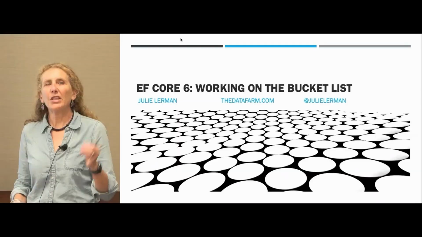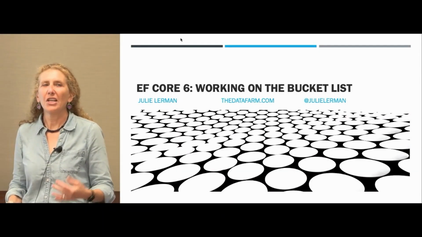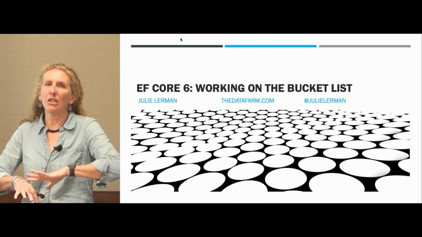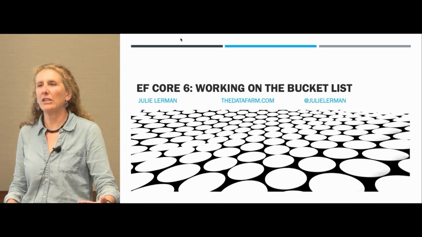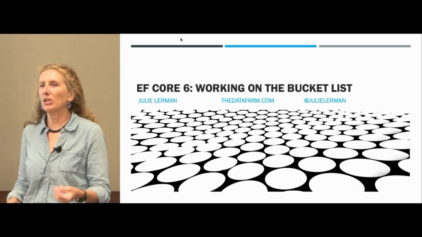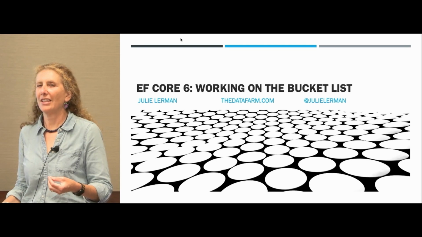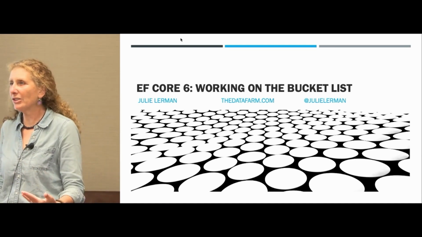So I refer to this as the bucket list because with EF Core, by the time the team got to EF Core 6, they really had done a lot of important groundwork and gotten some key things fixed for people. And they were finally able to really start working on things that they really wanted to get done but weren't quite as critical.